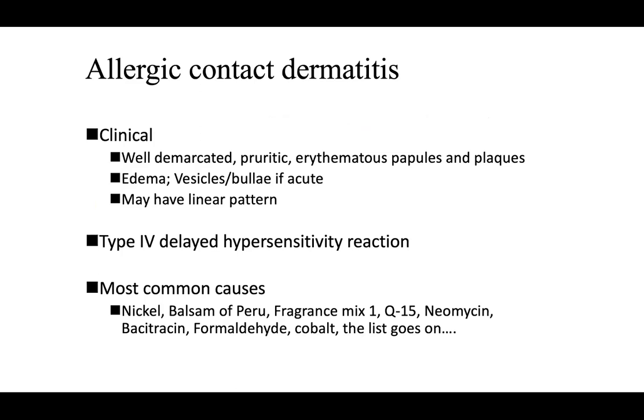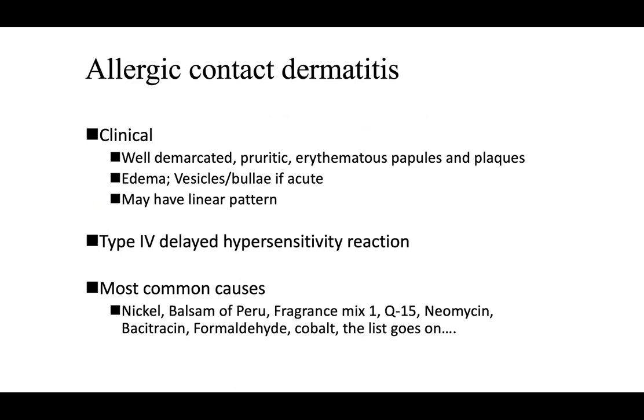Allergic contact dermatitis, we already hit on that. I will let you read this slide on your own here. I won't read it word for word, but the most important thing is to remember it's a type 4 delayed hypersensitivity reaction. The most common causes include things like nickel, balsam of Peru, fragrance.